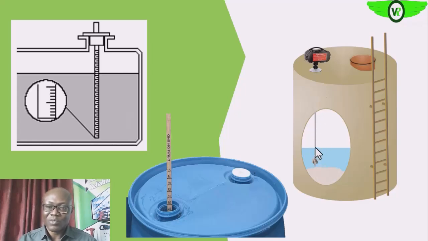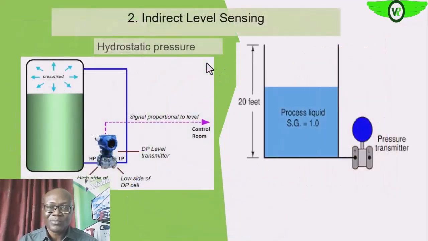It will give us a direct reading of the level of the fluid in the tank. In doing this, you need to go up the vessel, the tank, to carry out these measurements. Are we getting it? So these are the direct or manual level sensing or gauging methods.